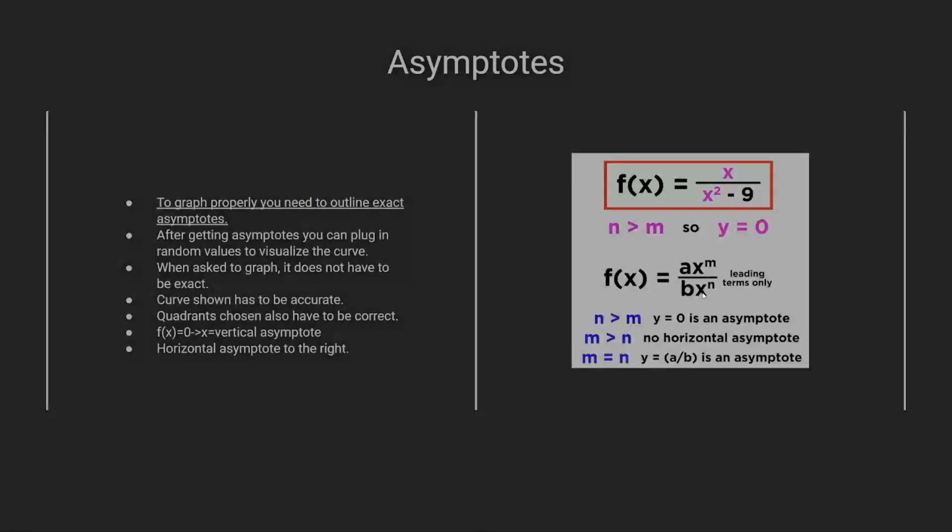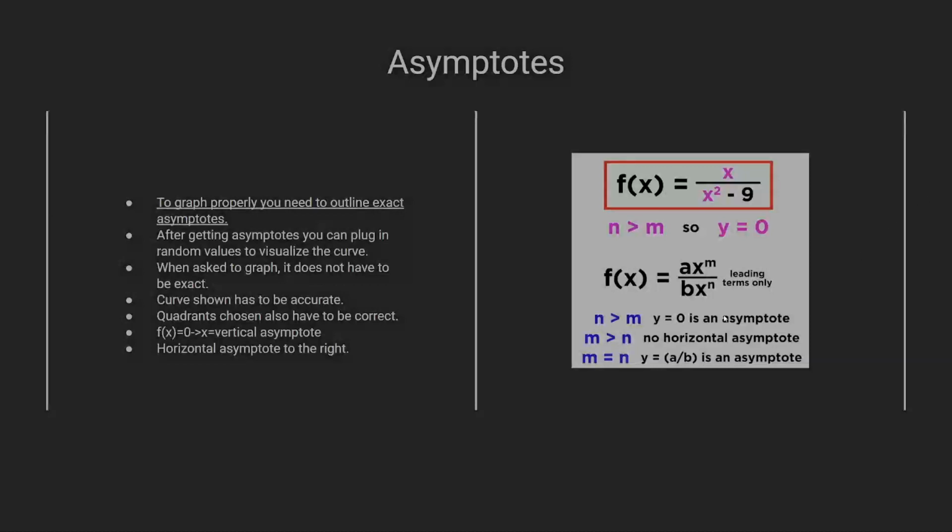In the example on the right, we can extract x squared minus 9. In that case, 3 would be the vertical asymptote, since 3 squared equals 9, and 9 minus 9 equals 0. Then we get x over 0, and that would be an asymptote, since that is not a real number. You can't assess that number.